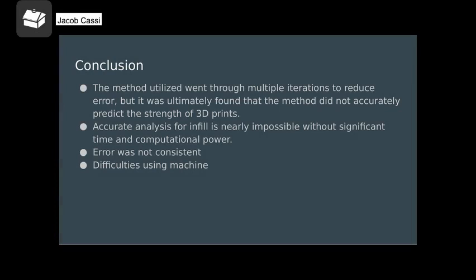In conclusion, the method utilized went through multiple different iterations to reduce error as well as safety concerns operating the load frame, but ultimately the error of our final solution was still relatively high, around 38%, but that was different in each trial.